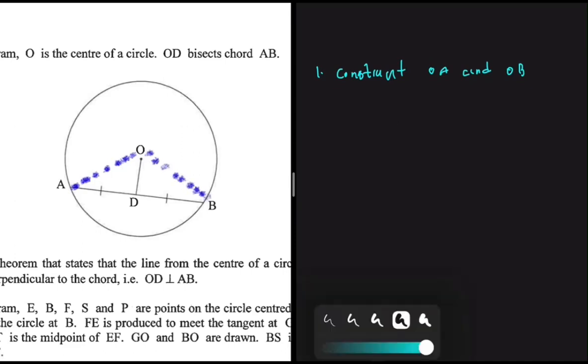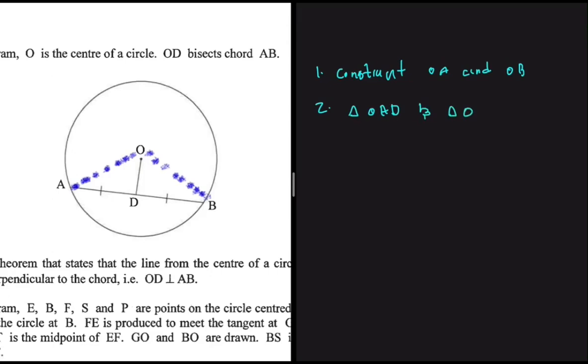And now we can move to the second step, right? So the second step, we're going to prove that triangle OAD and triangle OBD are congruent. How can we possibly do that? We can start by saying that OA is equal to OB.